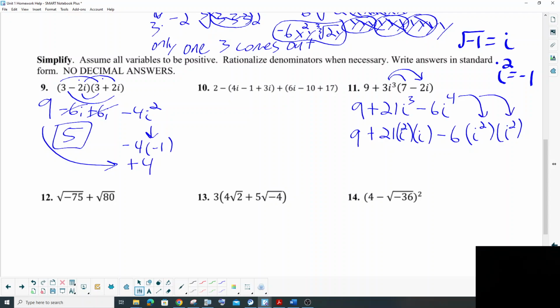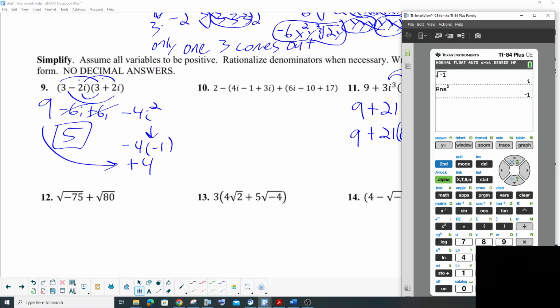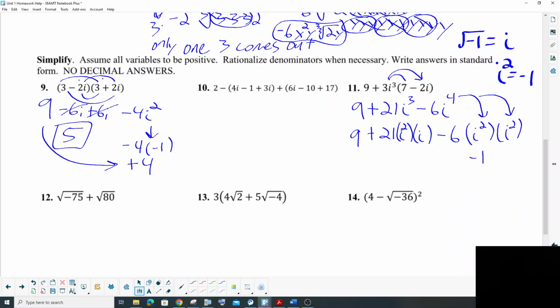And the reason why is i squared is -1. Remember we squared i, so i squared is a -1. So that's going to be a -1 times a -1, just a +1. And -6 times +1 is just a -6.